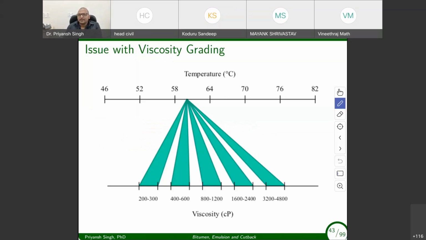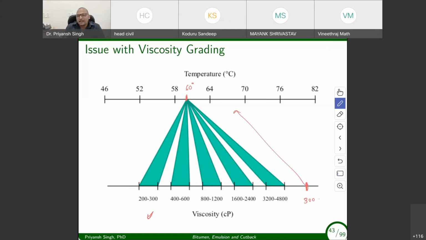One more problem associated with this type of grading system is that here we have taken a fixed temperature, at 60 degrees Celsius, and looked at what values of viscosity or any parameter we are getting. But when we want to apply something in the field, the objective should be that this much viscosity is obtained at what temperature.